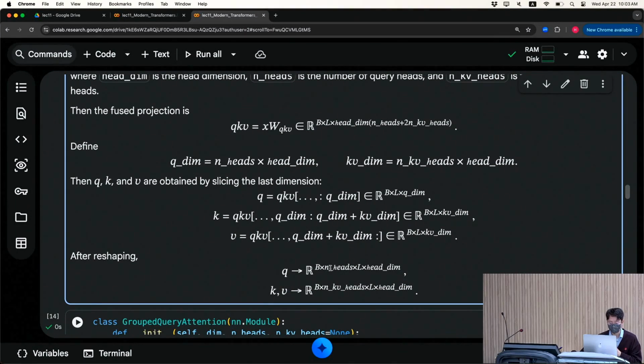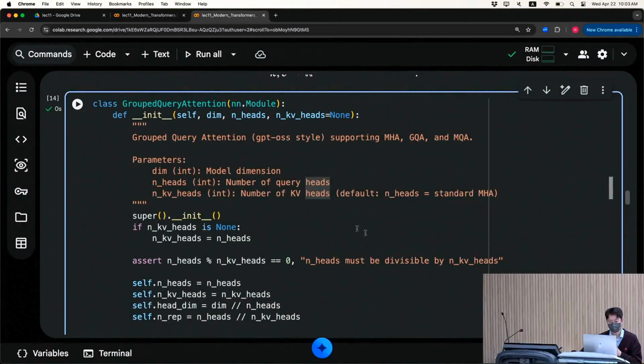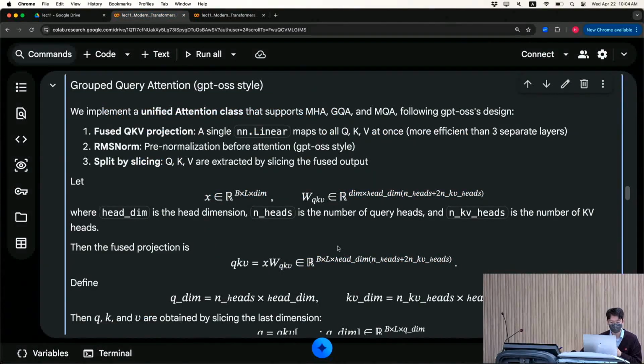So it's batch size, number of heads for the query, sequence length, and head dimension. And for each key and value, batch size, number of KV heads, which is less than number of heads, times sequence length times head dimension. Okay, so this is what we're going to implement.